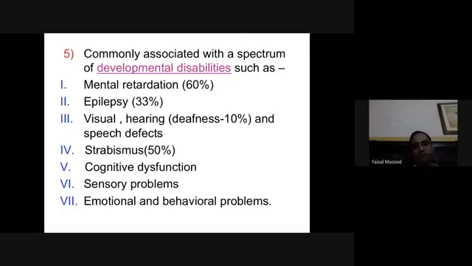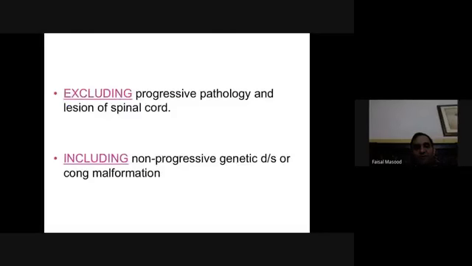There could be overall mental retardation, recurrent CNS stimulation leading to epilepsy. One can have visual, hearing, and speech problems. Then there is squint and uncontrolled movements of the eyes called strabismus, cognitive dysfunction, and then sensory problems, emotional and behavioral problems.